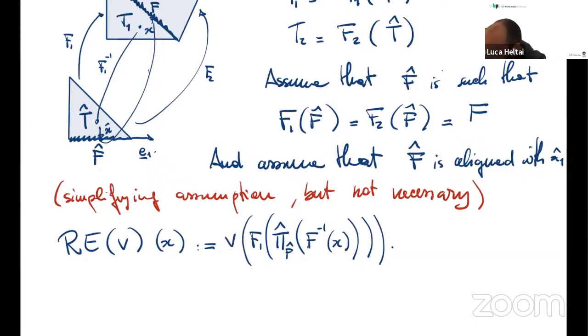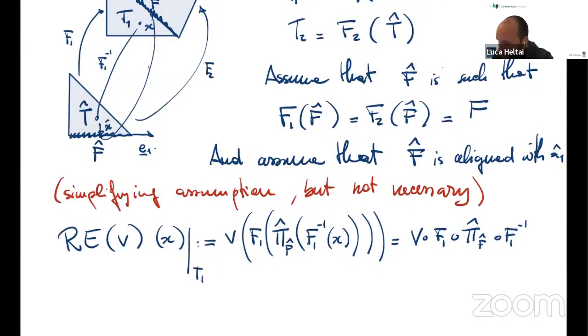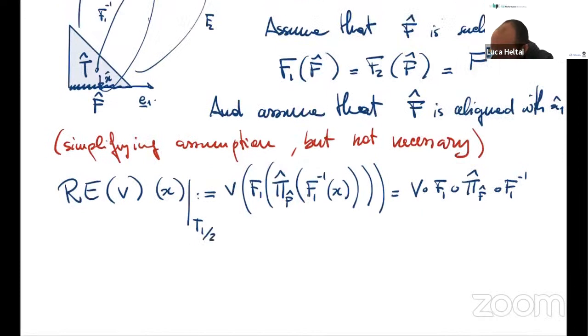Okay, so if you write this with the classical notation, this is v after F1, after pi hat over F hat, after F1 to the minus 1.